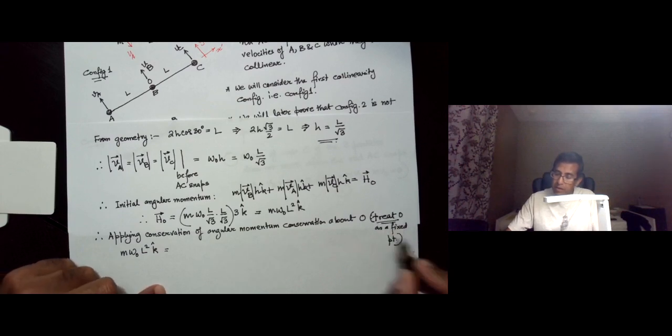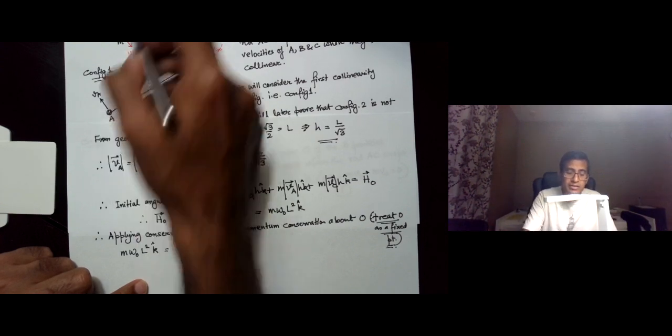Okay, so this is important. If I treat O as a fixed point, then the angular momentum of C with respect to O is m times Vc, and we are considering counterclockwise angular momenta as positive.